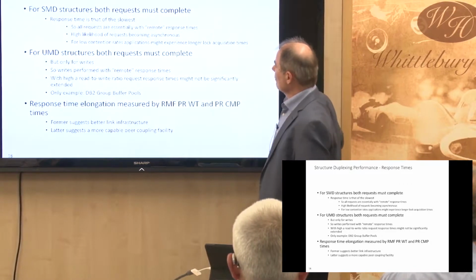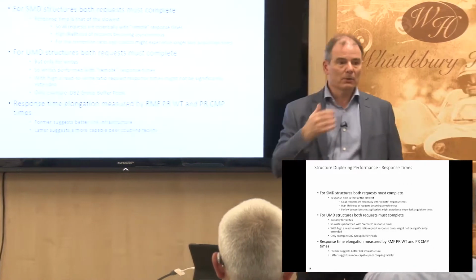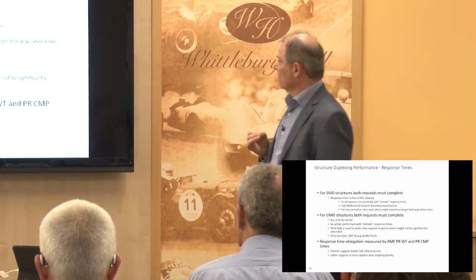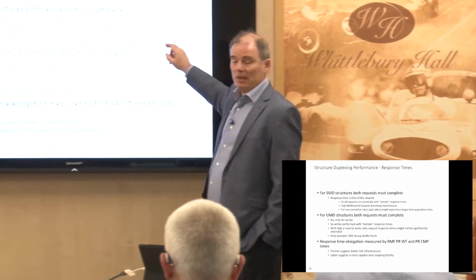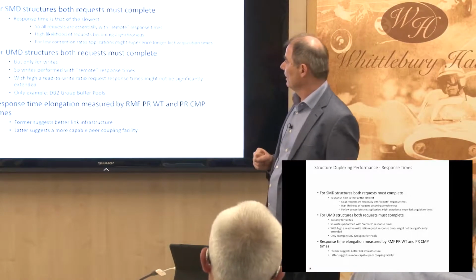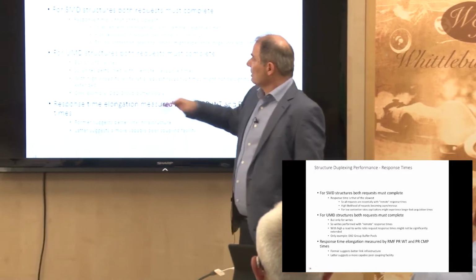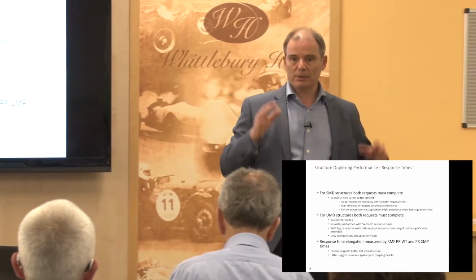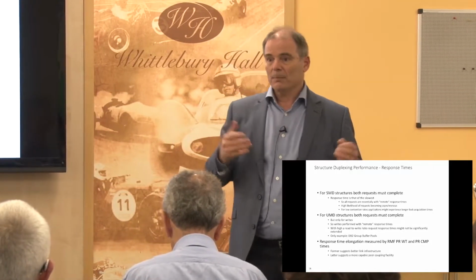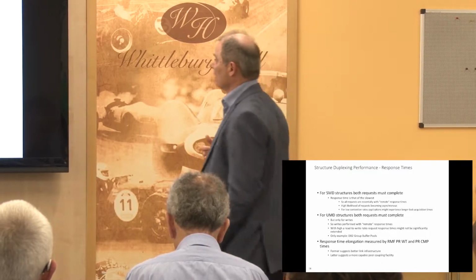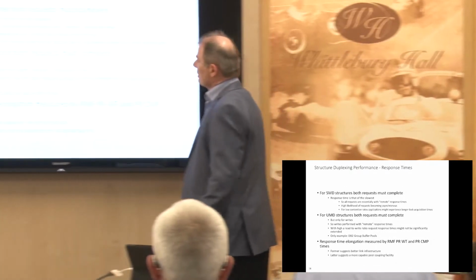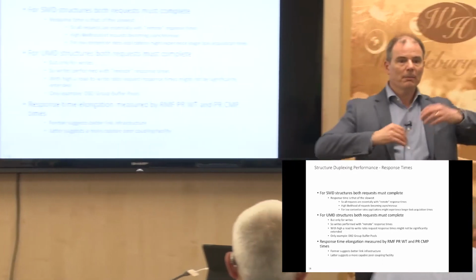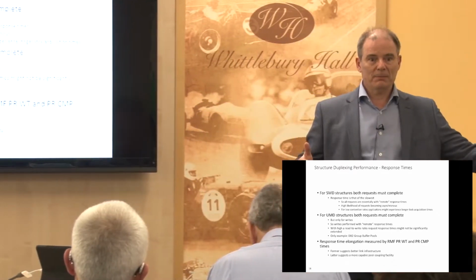So for low contention rates, applications might well have longer lock acquisition times, just because the time for the request, which says, yep, you can have it, takes longer. For user-managed structures, both requests to the two copies must complete, but only for the writes, because they have to happen in both places.